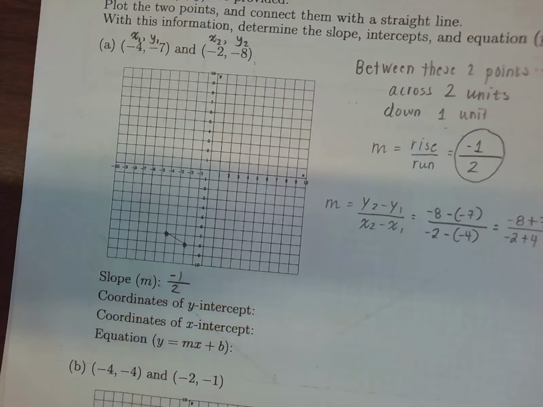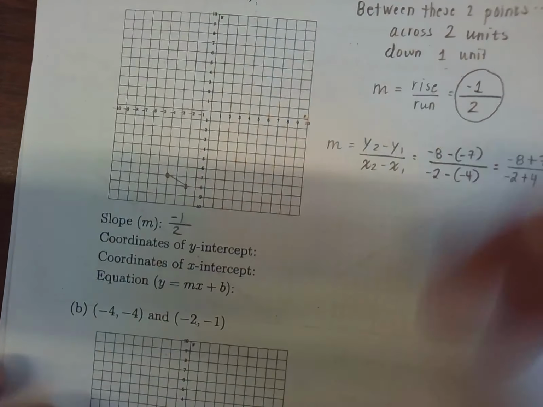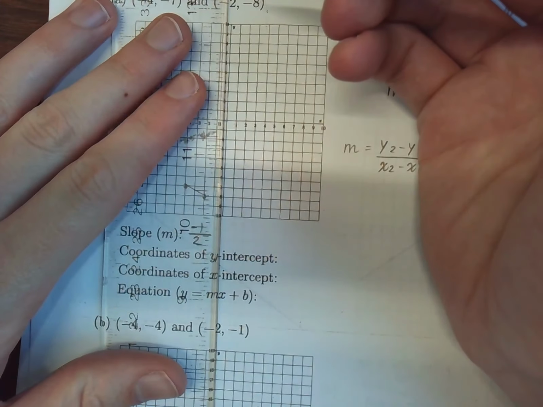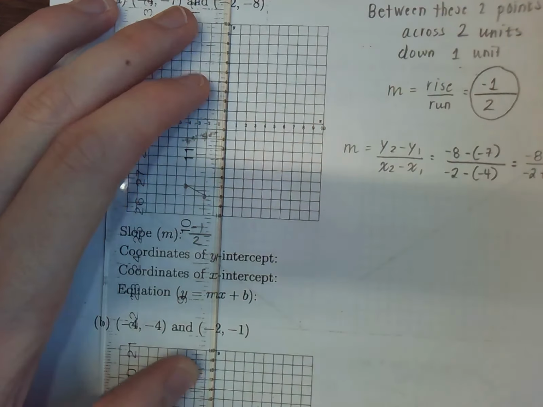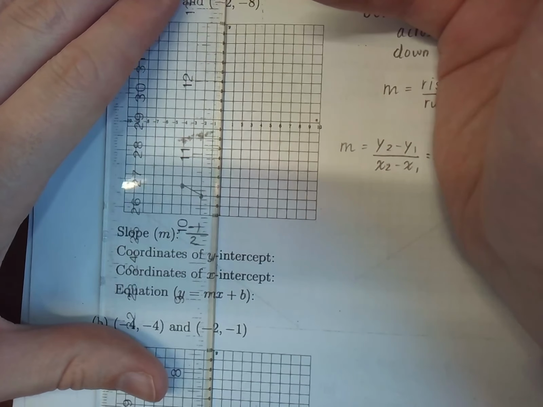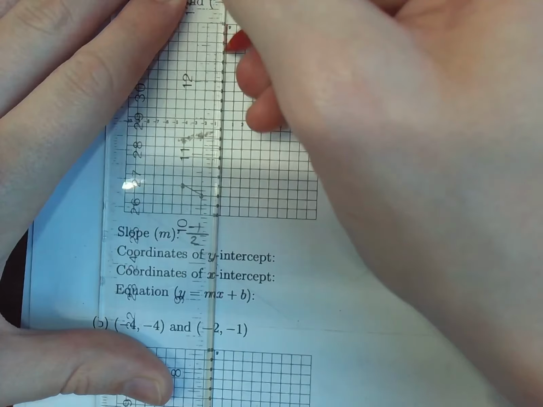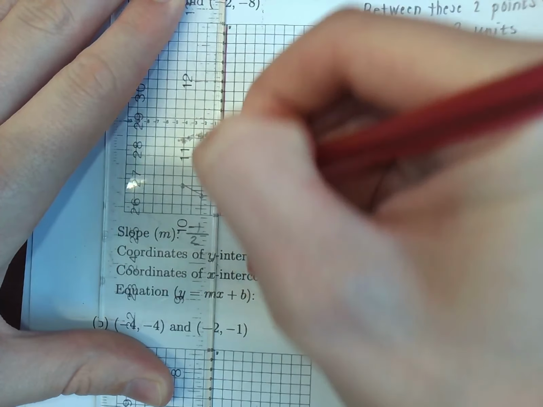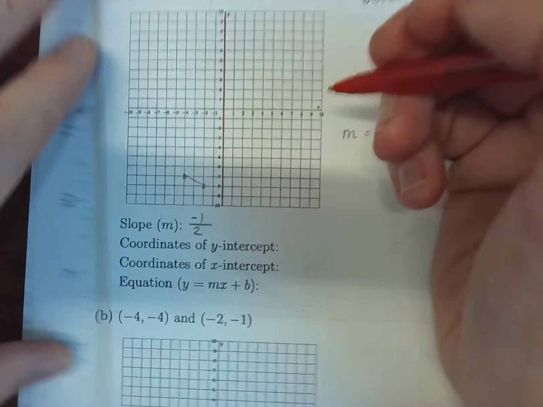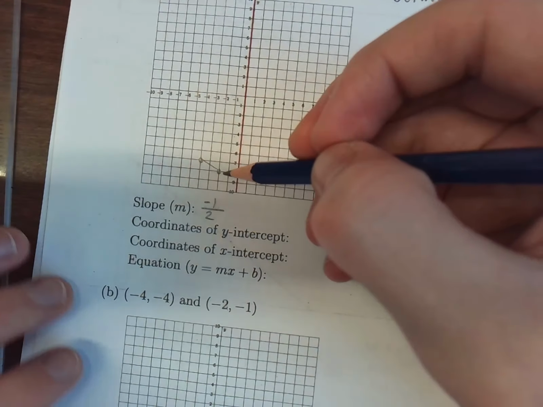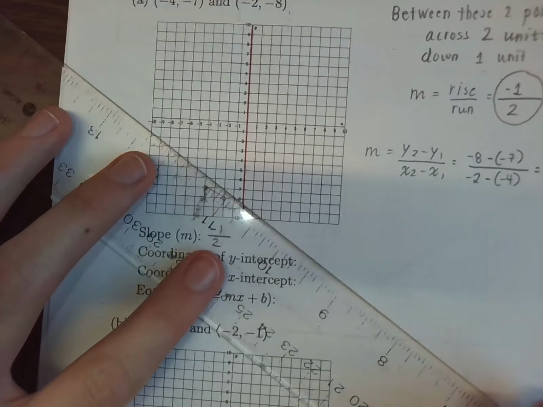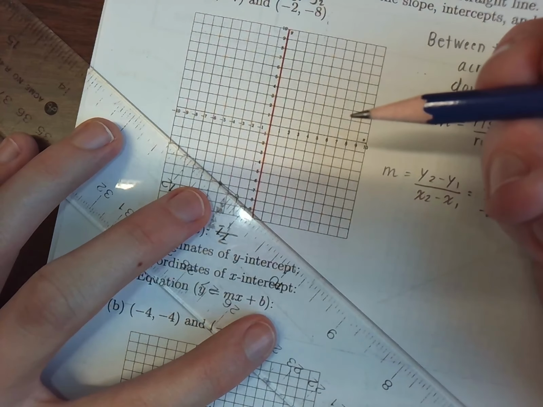So the y-intercept, we kind of have to think about this. Well, this is my y-axis. Why don't I just get a red pen? This is my y-axis. And I can see my line doesn't actually cross there right now, but I know that it would continue with the same slope.